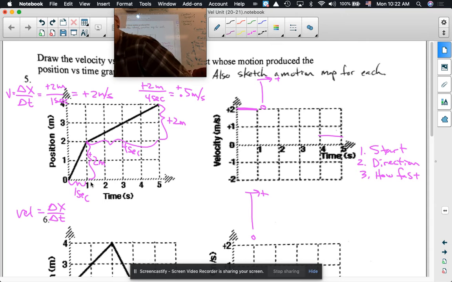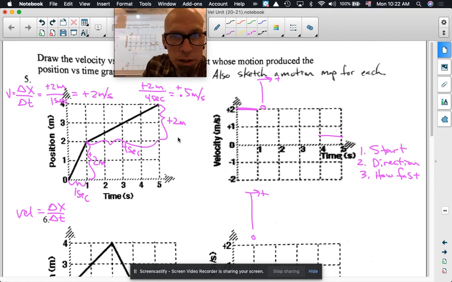I hope you see that that's how that worked. Again, we're just looking at another rise over run. Remember, the rise over the run, or the slope of this position time graph, all position time graphs, is velocity, which we need the number to be able to know where to put our line here. It's positive because it's a positive slope. It's a positive change in position.